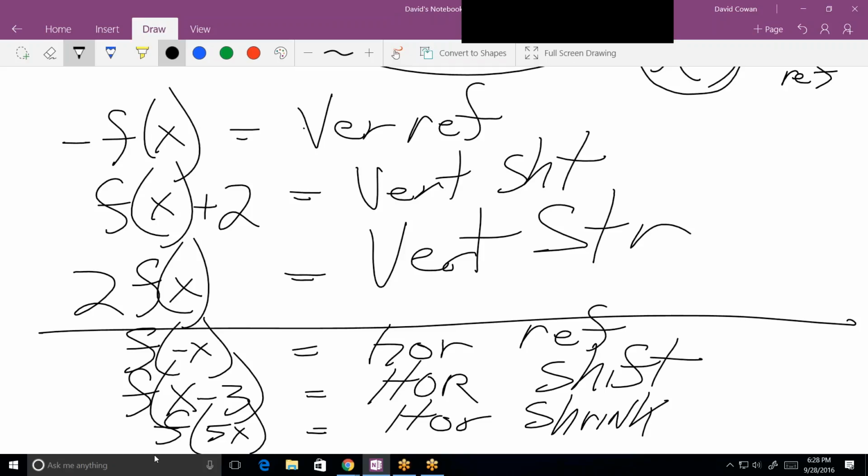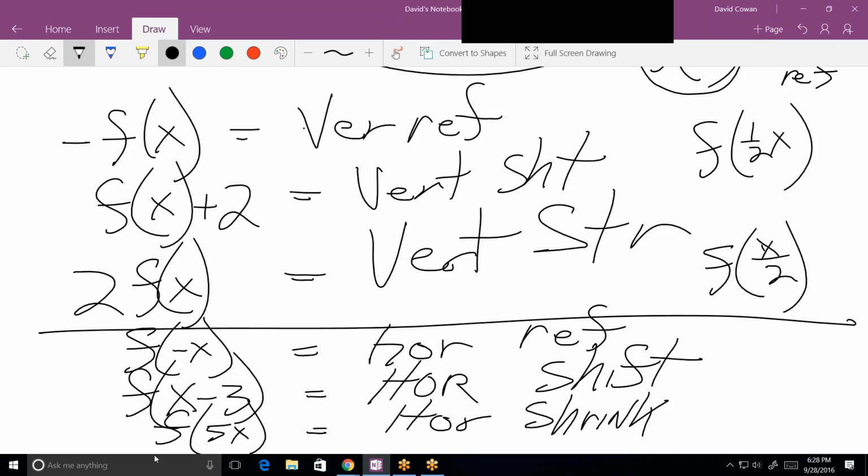In other words, if I had f of x over 2, that's the same as f of 1/2 x. That is a horizontal stretch by a factor of 2, because this number is between 0 and 1.